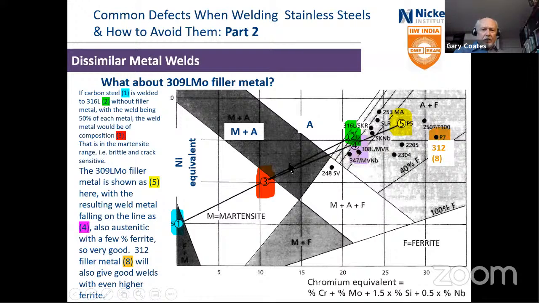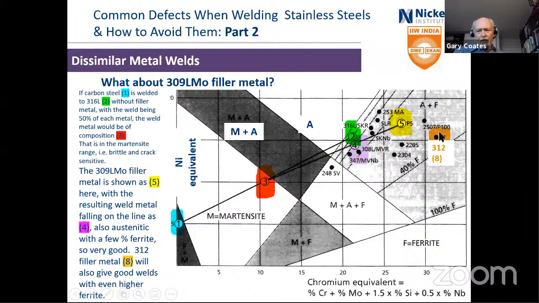And you again draw a line between this 5 and the 3, and you go up 70% here or 30% from here. You get to this purple area, and again, we're in a perfect range for some ferrite, good crack sensitivity resistance, so it's not crack sensitive. Again, perfect.